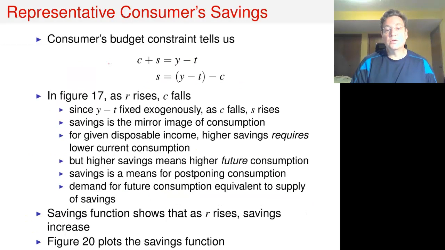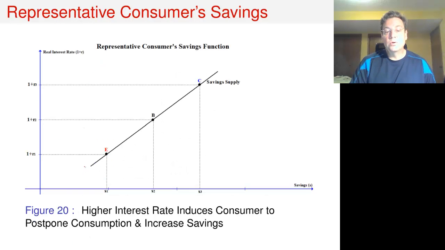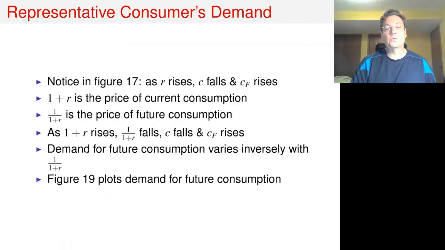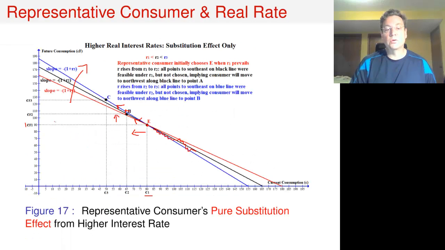And finally, what we can do is plot the savings function. We know, if we go back to this picture, we can deduce what savings is, because savings is just going to be equal to income minus consumption. And so for each level of C, we have an S. So we have the same thing for S2, and S3.